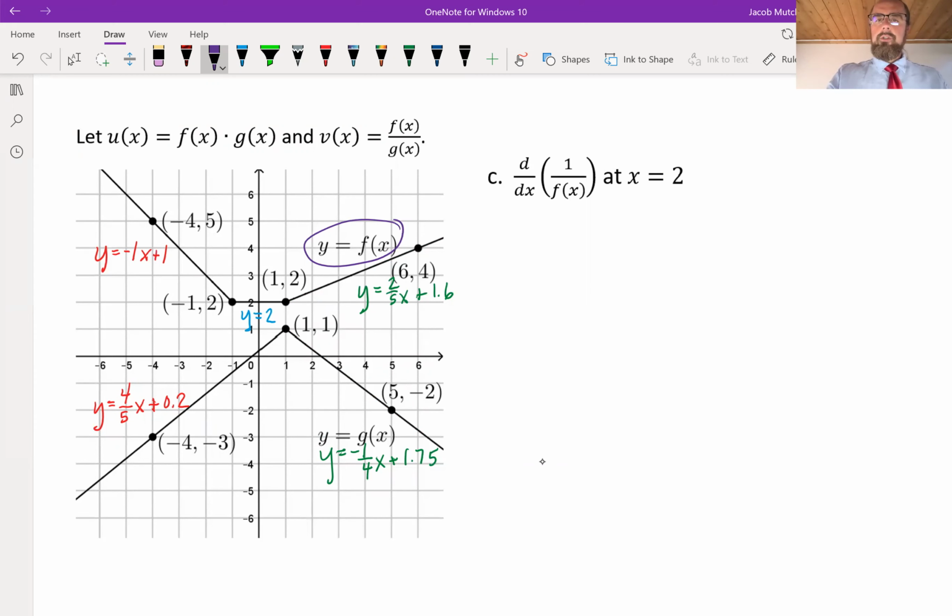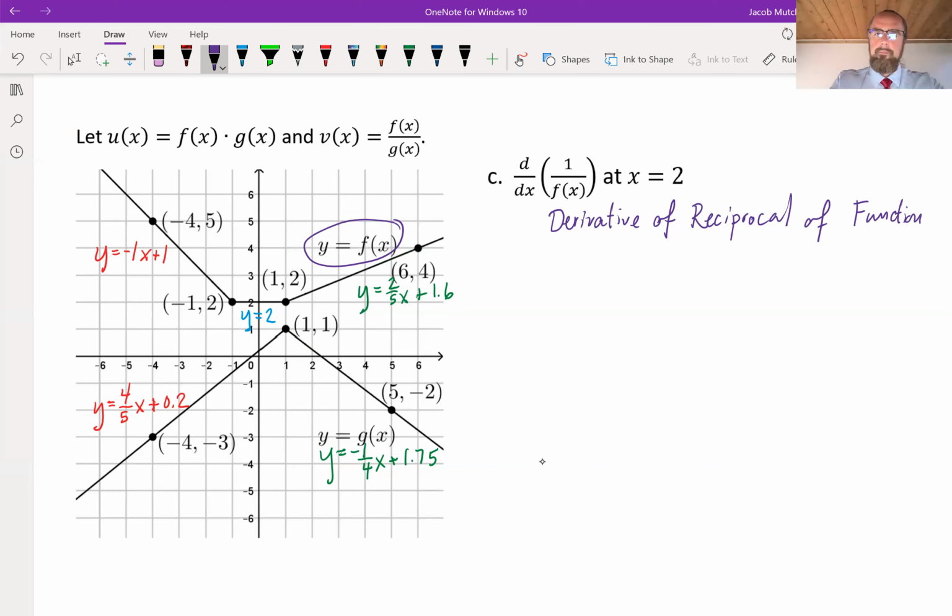But we need some kind of rule for this. So this is called the corollary, the derivative of the reciprocal of a function. So let's define that. So you can see reciprocal is just f of x flipped over to 1 over x. So here's the way that the rule goes.